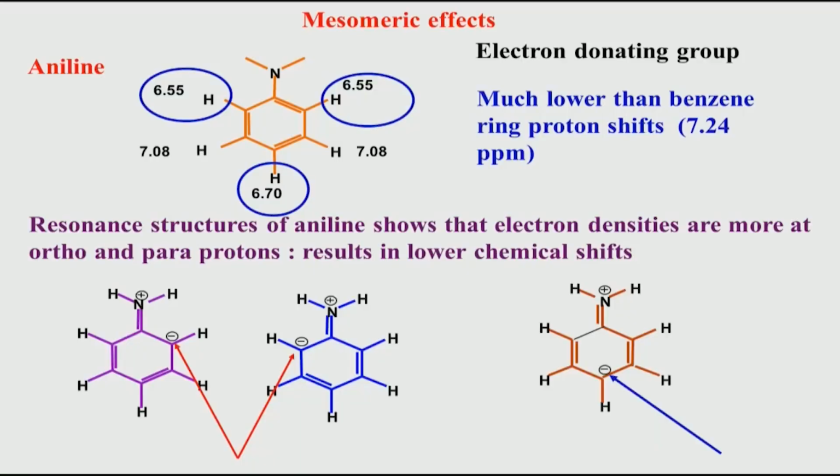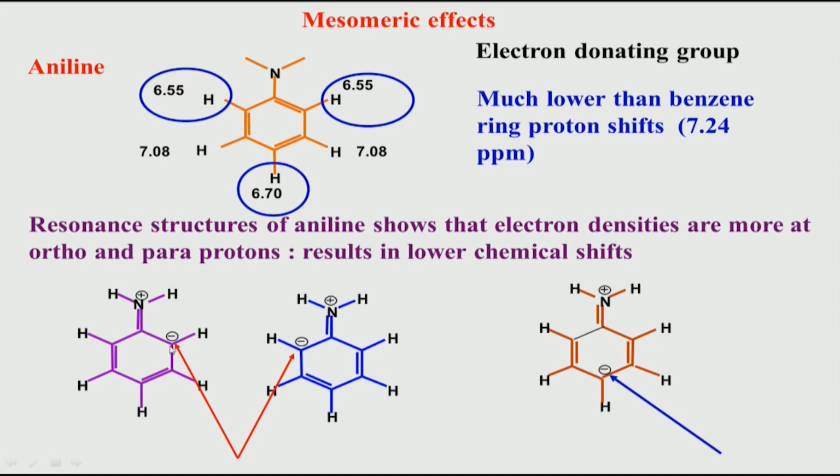Here you can see the example of aniline. Aniline is a well known molecule and this is the structure. If you look at this functional group NH2, it is an electron donating group. It donates a lone pair of electrons towards this ring, and because of this you end up with a little higher electron density around this ortho hydrogen.